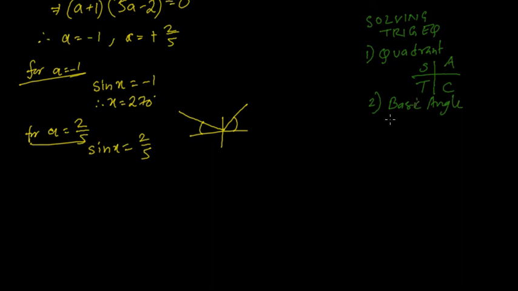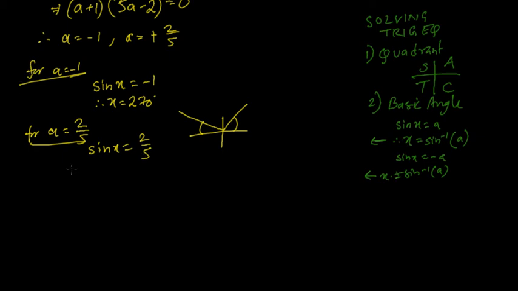So if you want to find the basic angle, you have to remember, if it is sine x equals a, the basic angle is x equals sine inverse a, and if it is sine x equals minus a, even then the basic angle is sine inverse of a. Remember, doesn't matter whether it is a or minus a, in both cases the basic angle would be the same, always taking the positive value.